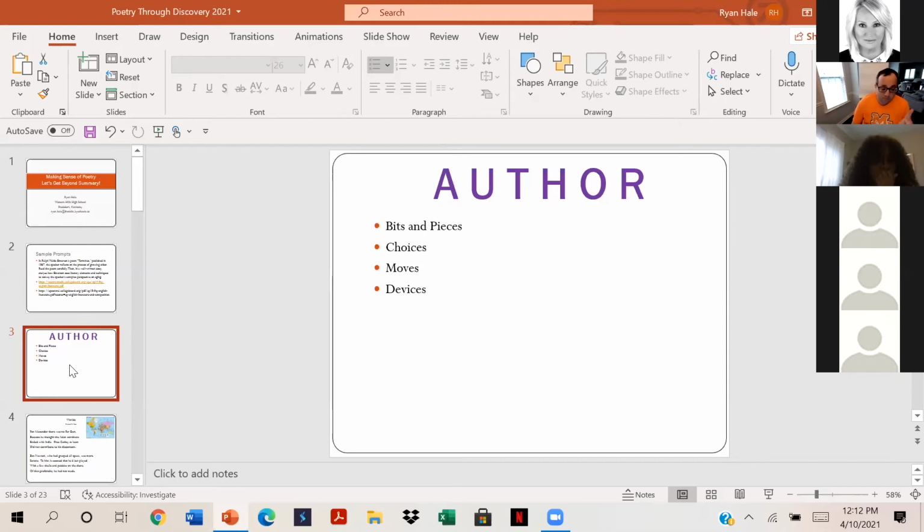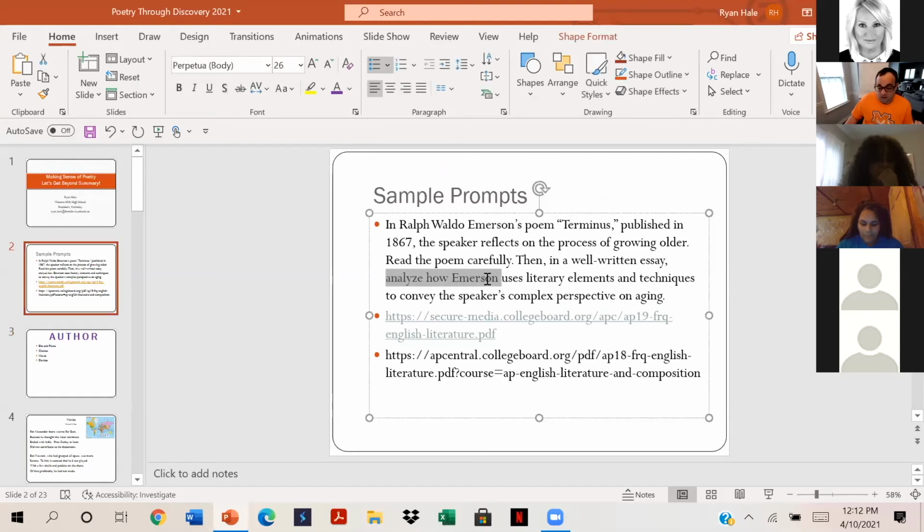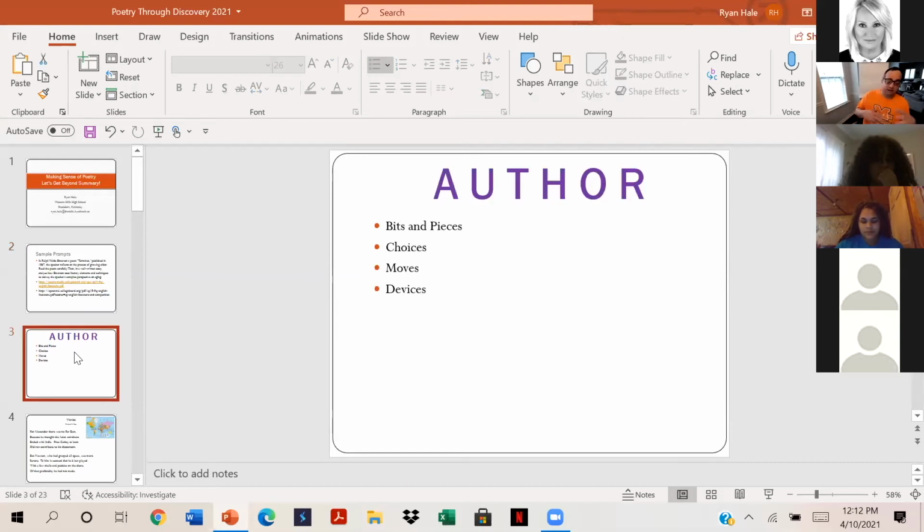My number one bit of advice for you is use the author's name. Because if you're talking about the author, notice here, analyze how Emerson, the author, uses literary elements and techniques. If all I'm talking about are the people and the characters and the stuff in the poem, then I might be in the world of summary.